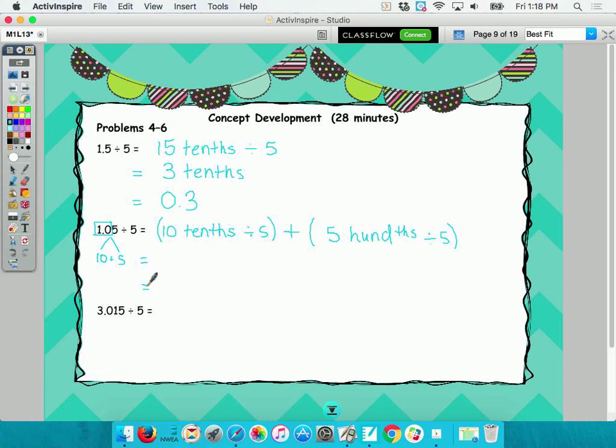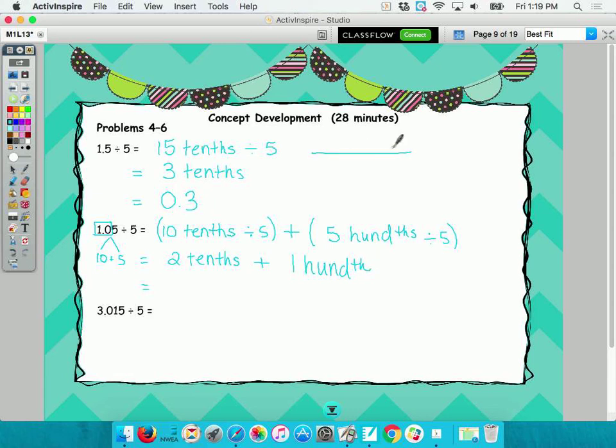Okay, so what's 10 divided by 5? 2. So it's not just 2 ones. What is it? 2 tenths plus, what's 5 divided by 5? 1. So 1 what? 100th. Now let's take a look at this in relationship to the place value chart, okay?